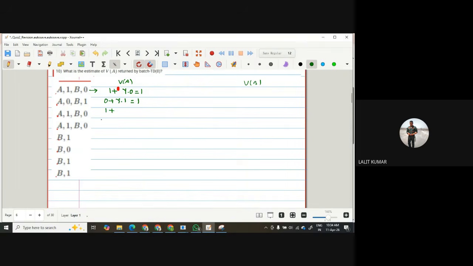Here it is 1 plus gamma times 0, equal to 1. And 1 plus gamma times 0, equal to 1. The rest have no A. So what we get: V(A) is the sum, 1 plus 1 plus 1, divided by 4, equal to 1. Is this okay with everyone?